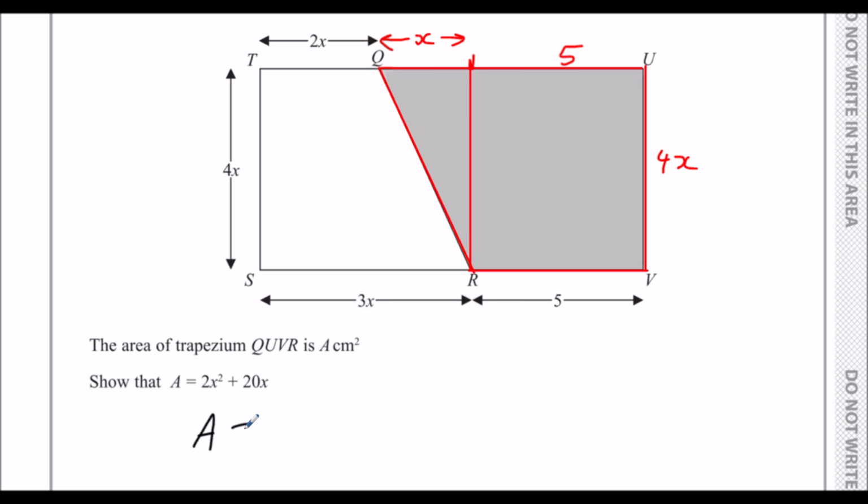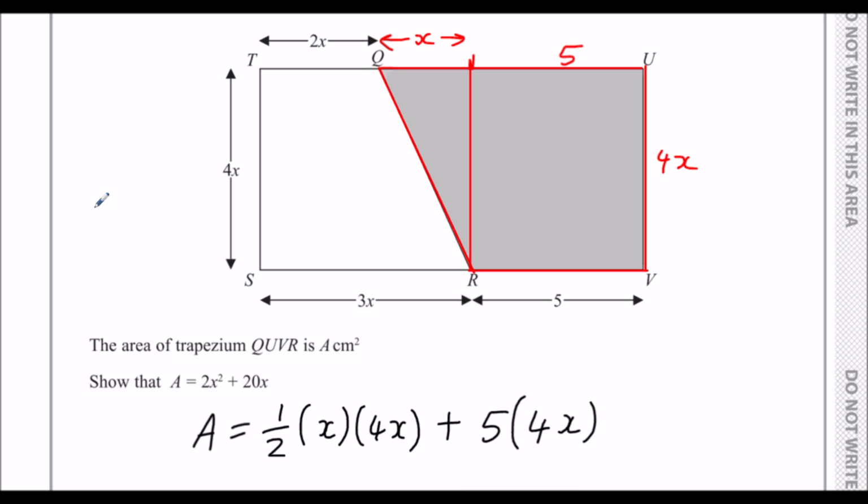The area of a triangle is half times base times height. So half times x times 4x. And we've got a rectangle, which is 5 times 4x.